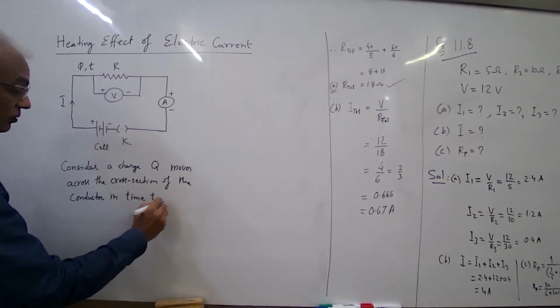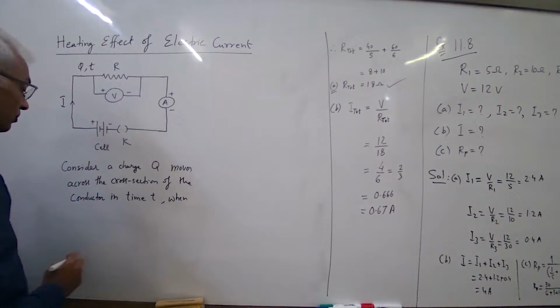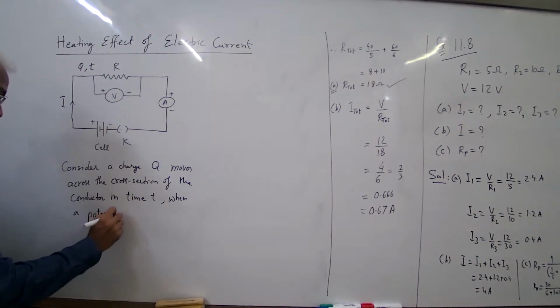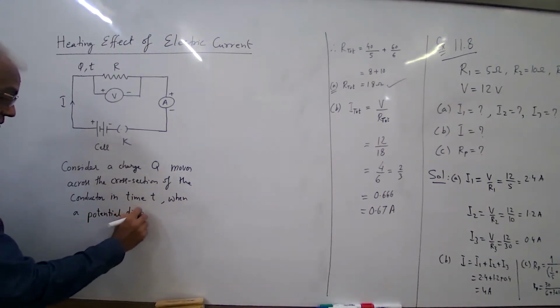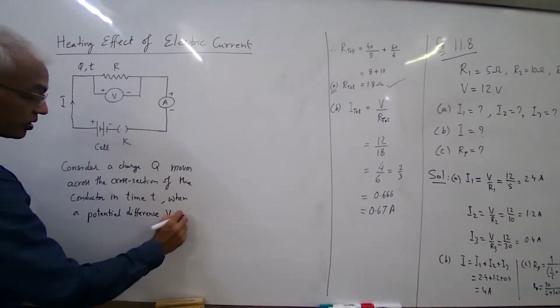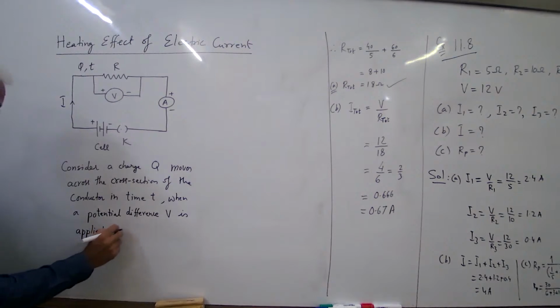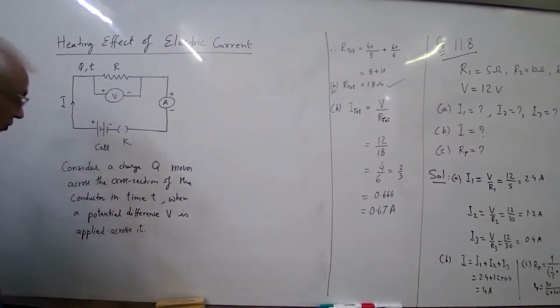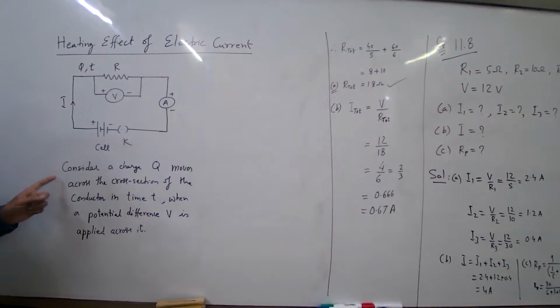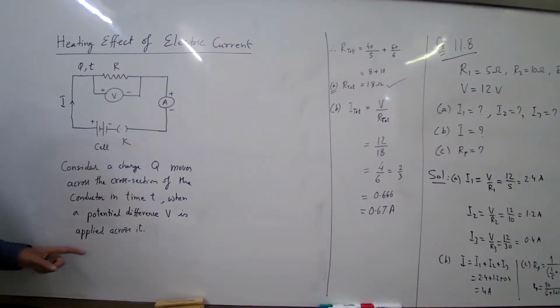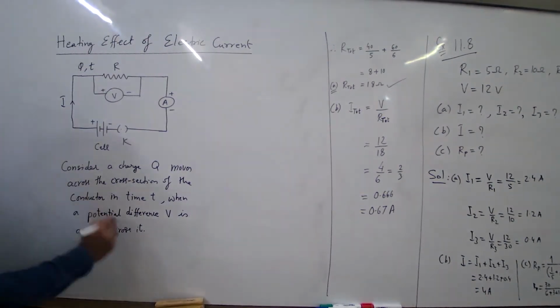Consider a charge Q moves across the cross section of the conductor in time t when a potential difference V is applied across it.